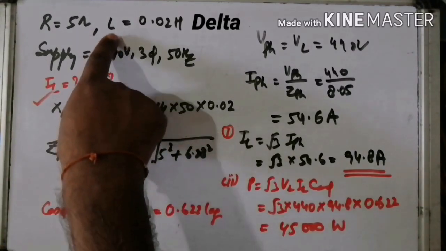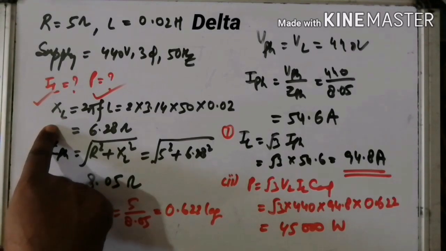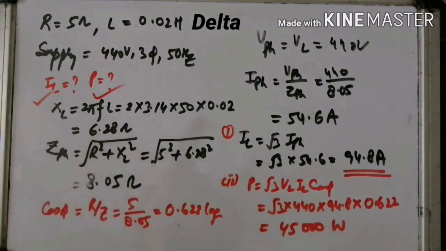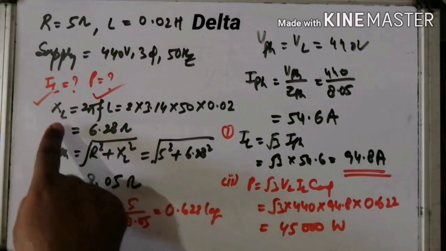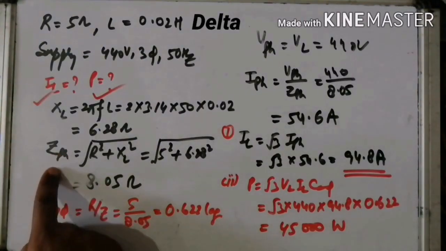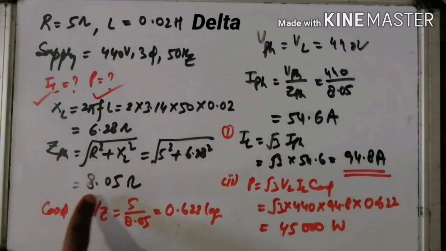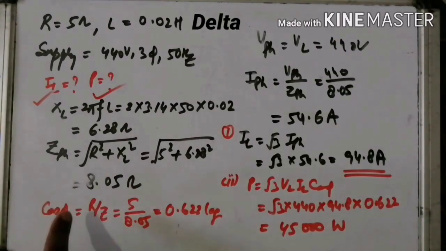First of all, I am going to convert L as XL, that is inductive reactance, by the formula XL is equal to 2 pi FL. The value of XL is 6.28 ohm. With the help of XL and R, we can calculate impedance per phase, that is ZPH, and it is 8.05 ohm. With the help of R and ZPH, we can calculate the power factor, and it is 0.622 lagging.